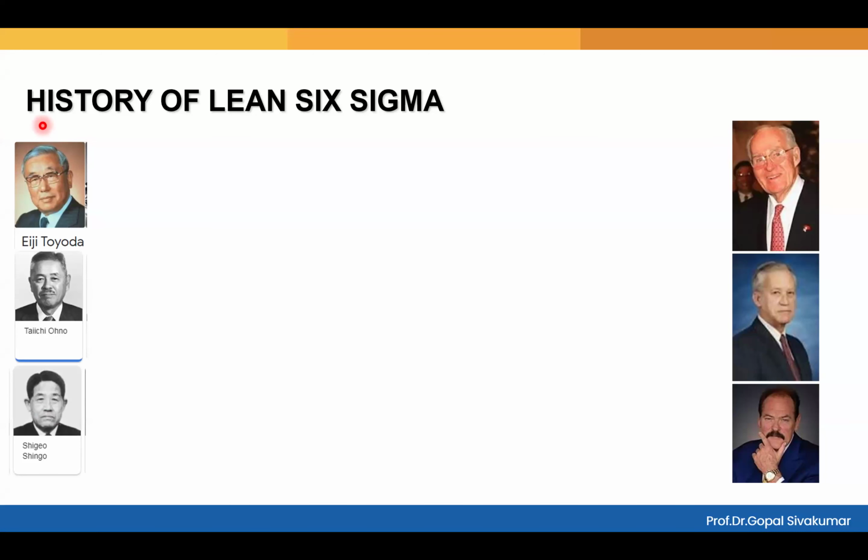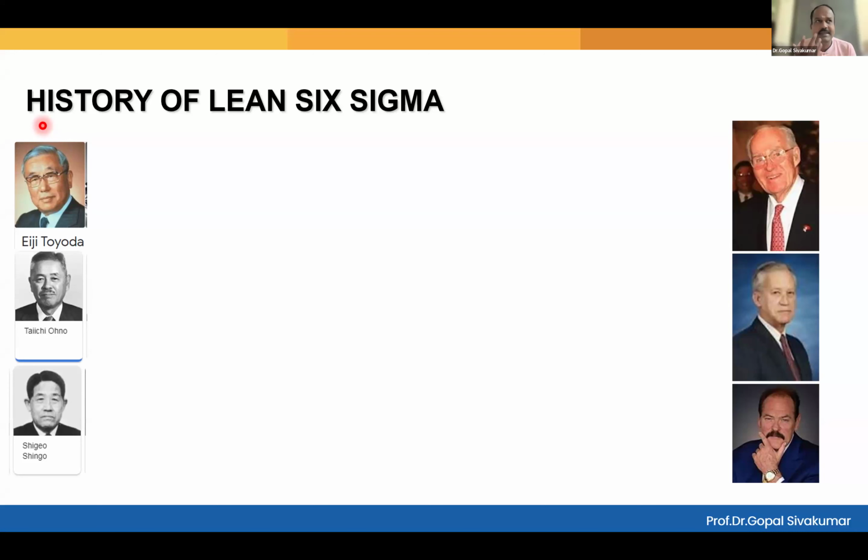But the model was modified to suit the requirement of Toyota. They developed a model applicable to Toyota because Toyota is a car manufacturing company. Their initial market was within Japan, a small market; later on, they started selling across the globe.